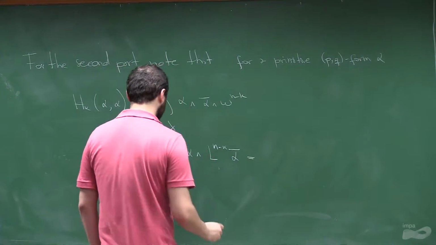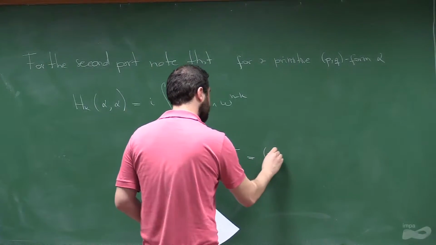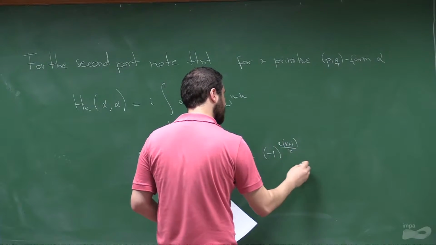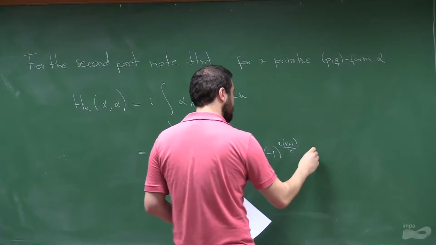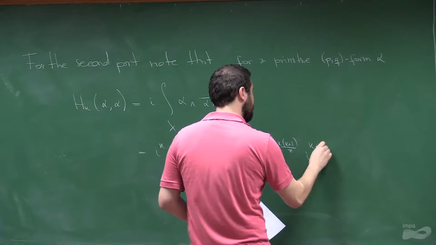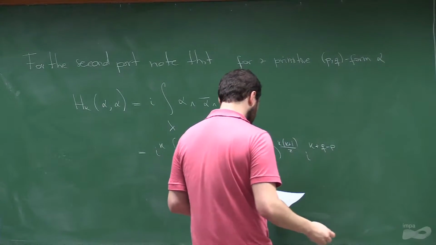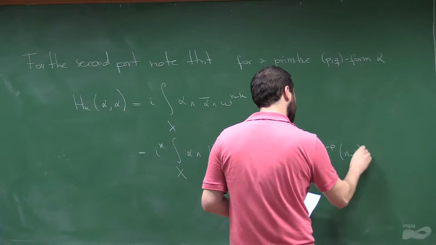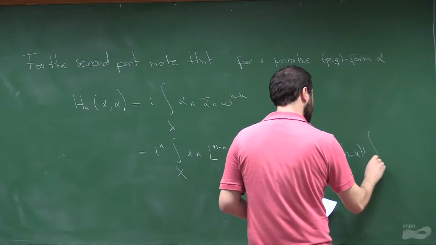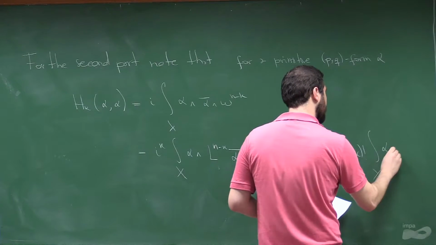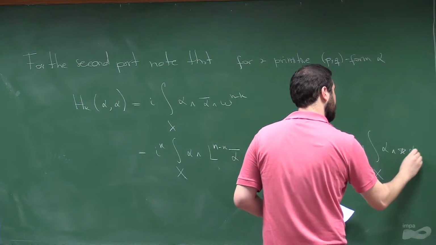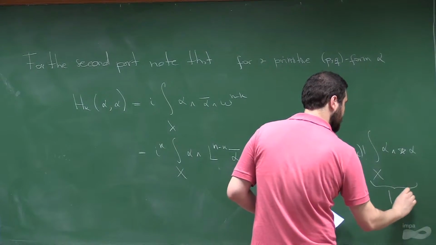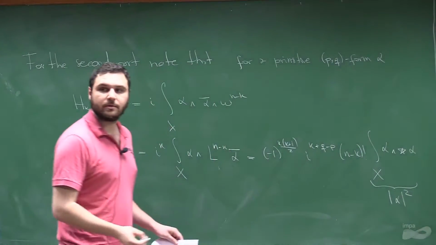So this will be equal to minus 1 to the k times k plus 1 over 2, i to the k plus q minus p, times n minus k factorial, the integral over X of alpha wedge the star of alpha. And this is, by definition, the norm of alpha squared.